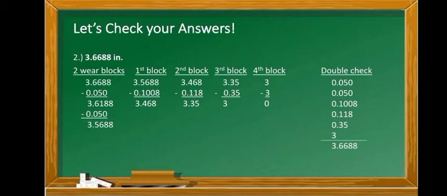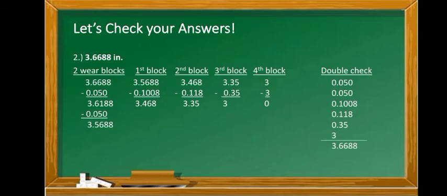So, our first selected block is 0.1008, so that is equal to 3.468. Then, we have our second selected block. So 3.468, the remaining length, minus our second selected block, which is 0.118, is equal to 3.35.